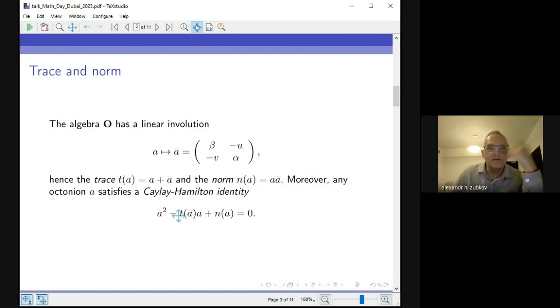And also we have a Cayley-Hamilton identity here, as for 2 by 2 matrices, in its standard form: A squared minus trace of A times A plus norm of A equals 0.